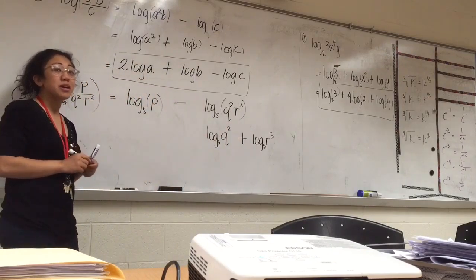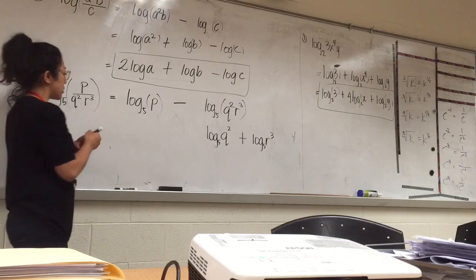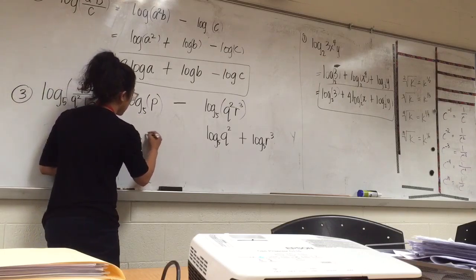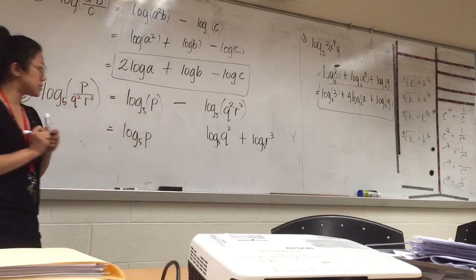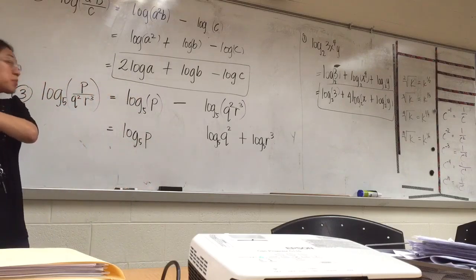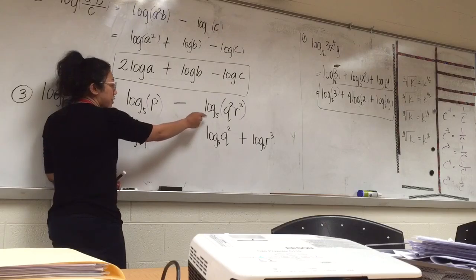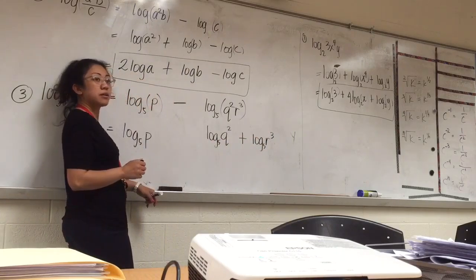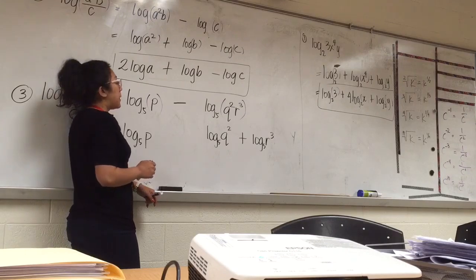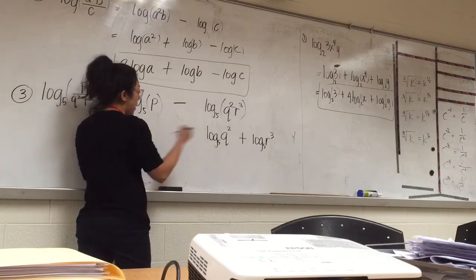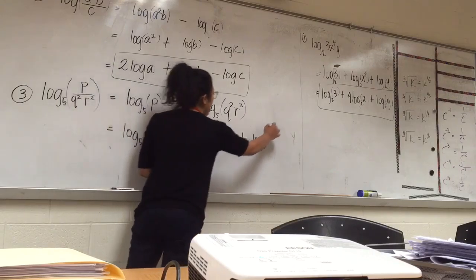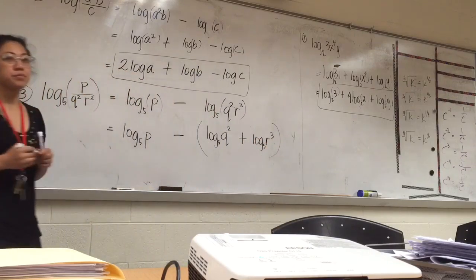Now here's where it could get a little tricky. We keep the log base 5 of P, nothing to do there. And we're supposed to subtract this guy, which equals both of these added. But when I say subtract, we're saying subtract this whole chunk.